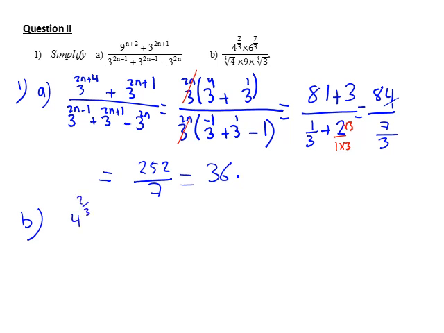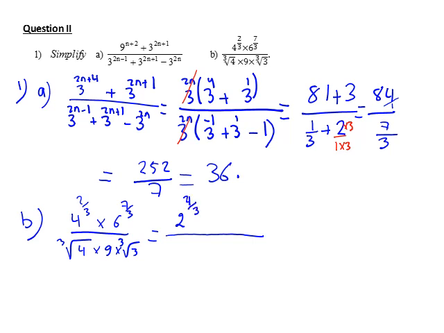4 power 2 over 3 times 6 power 7 over 3, all over radical 4 index 3 times 9 times radical 3 index 3, equal. 4 is equal to 2 squared, so 2 power 4 over 3, times 6, it is 2 times 3, so it is 2 power 7 over 3 times 3 power 7 over 3. 4 it is 2 square, index 3, 2 square over 3. 9 it is 3 square.